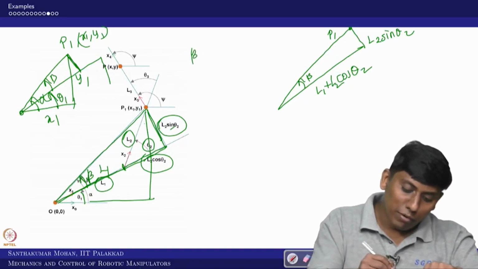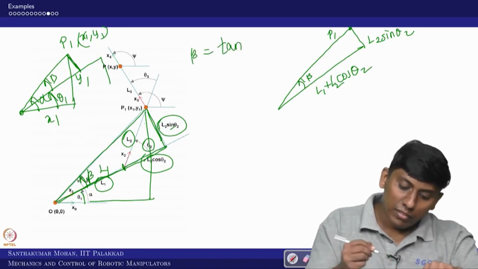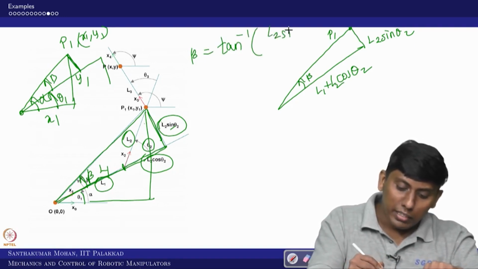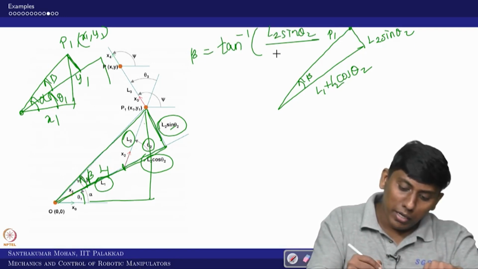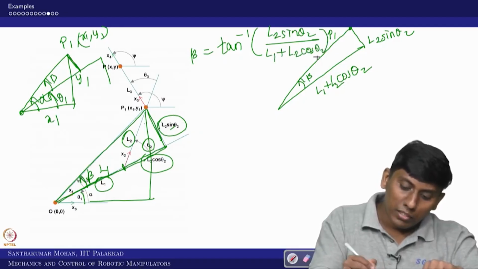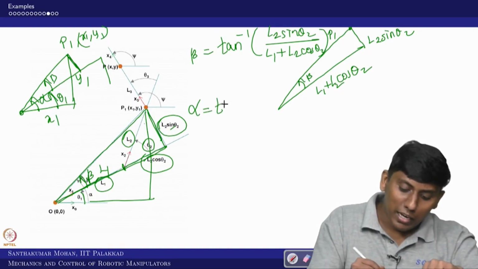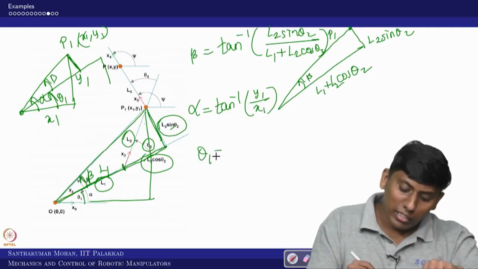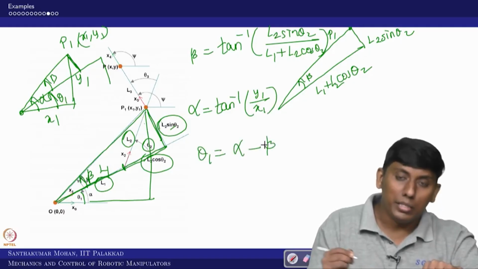The beta I can find as tan inverse of L2 sin theta 2 divided by L1 plus L2 cos theta 2. What is alpha? Alpha is tan inverse of y1 divided by x1. What is theta 1? Theta 1 is alpha minus beta.